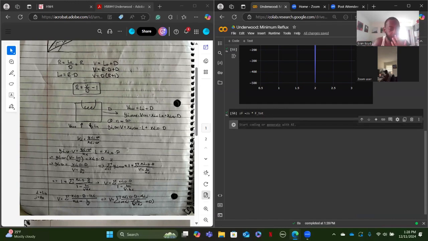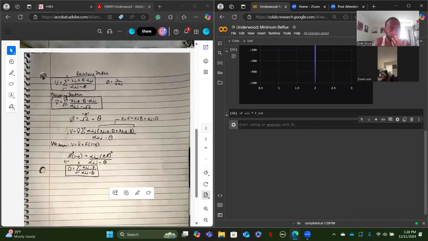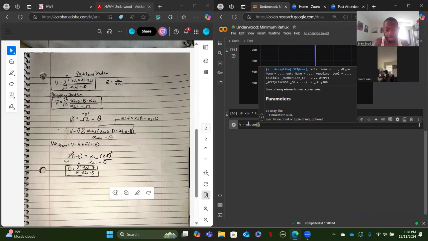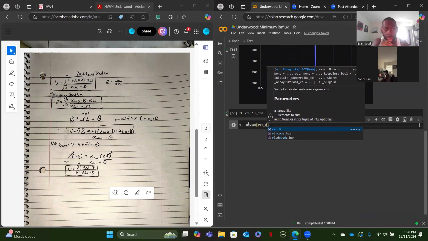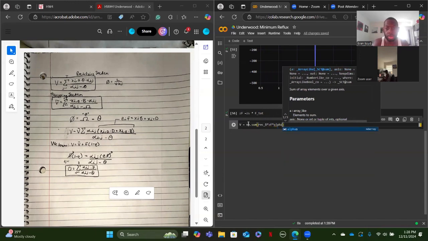Now we can use our rectifying stage equation for our volume. So our volume is equal to our NP sum of, so we start with our rectifying distillate molar flow rates times our ZF, and then times our alphas.